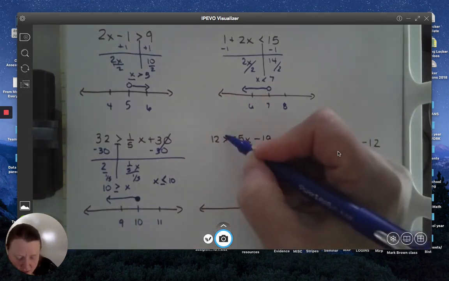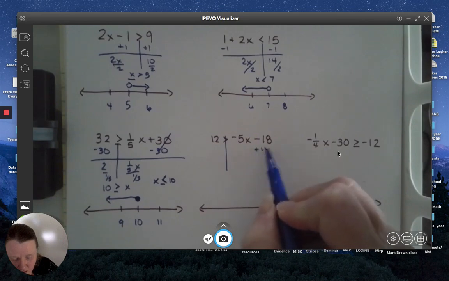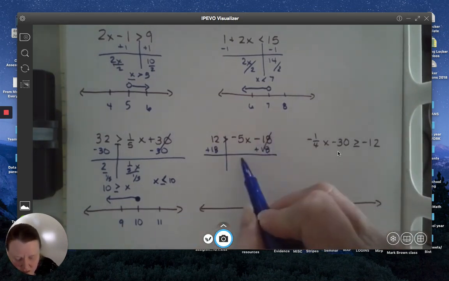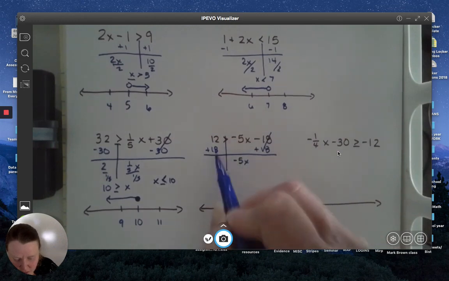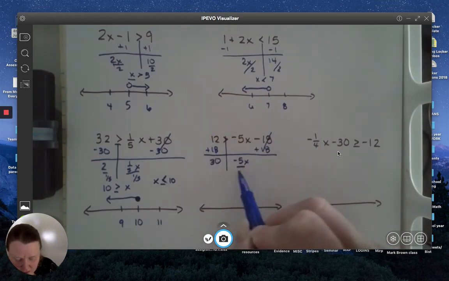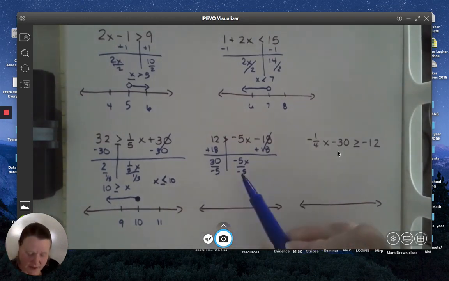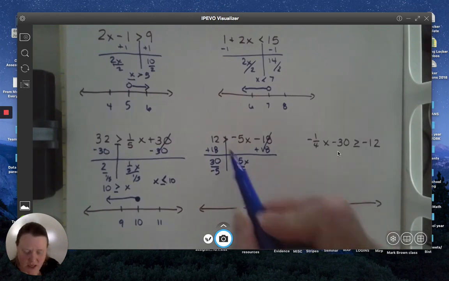So let's go ahead and try another one. Again, the solving of the equation part is the same, whether there's an equal sign or less than or greater than symbol. So the beginning piece is the same until I divide by a negative. When I'm dividing by a negative, we learned that you need to do a flip.